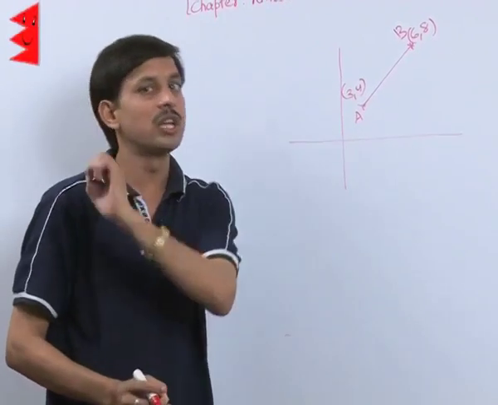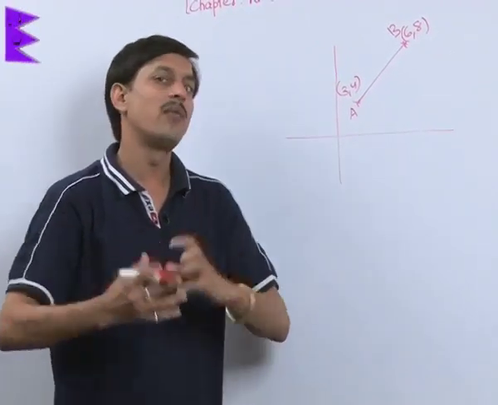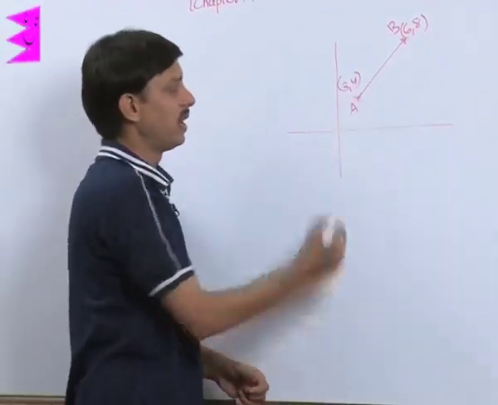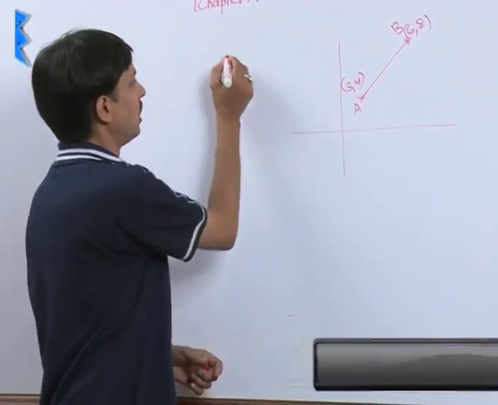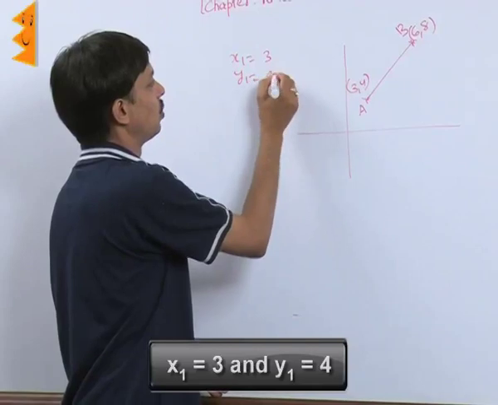In using the distance formula, one of the situations is taken as x1 y1 and the final situation is taken as x2 y2. So if we compare, we will find x1 is equal to 3 and y1 is equal to 4.